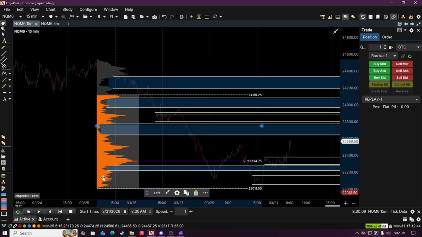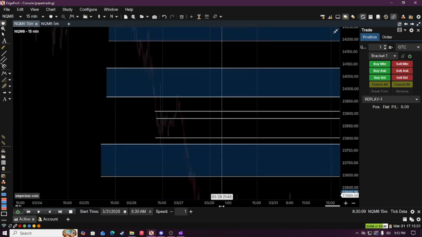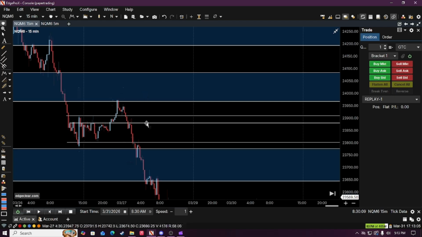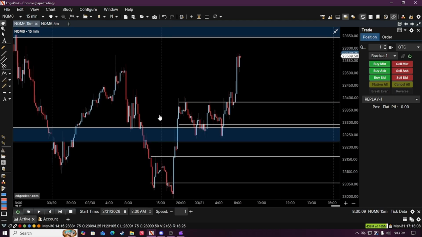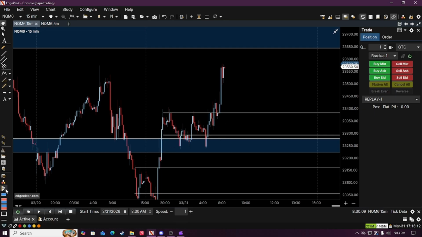As you can see, this low volume node that worked as support, this one that can work as resistance, also this one that worked for here, and this one because it is in the low volume area. Also, I marked this consolidation that is between the two low volume nodes. I marked this one and I marked this one.